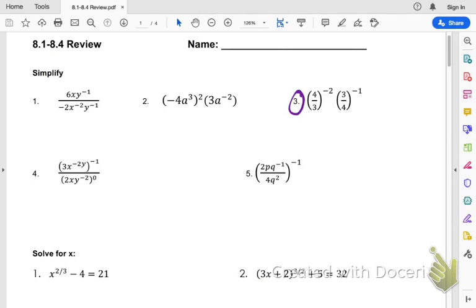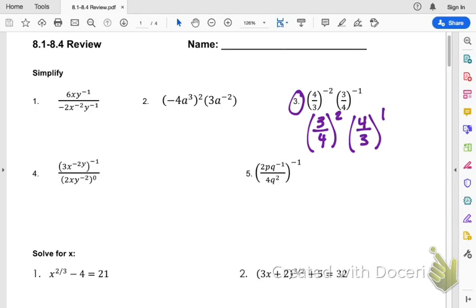So something that you could do is distribute the -2, or what I'm going to do with this fraction is write it as 3/4 squared. And then for the next one, I'm going to write it as 4/3 to the positive 1 power.